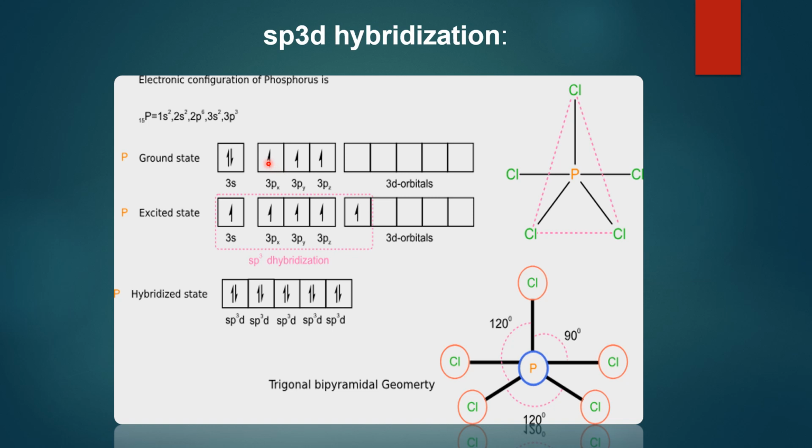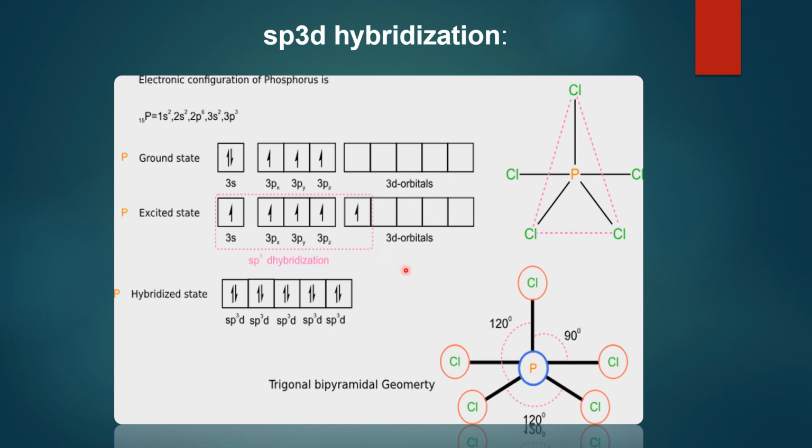Here a transfer of an electron takes place from the lower energy level, that is the 3s level, to the 3d level. All these 5 unpaired electrons from the phosphorus atom form 5 sigma bonds with the 5 unhybridized p orbitals of the 5 chlorine atoms.